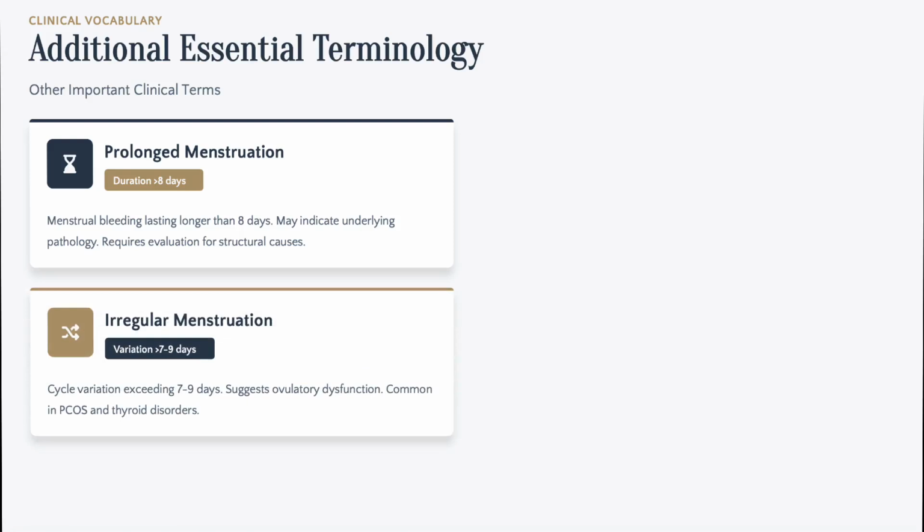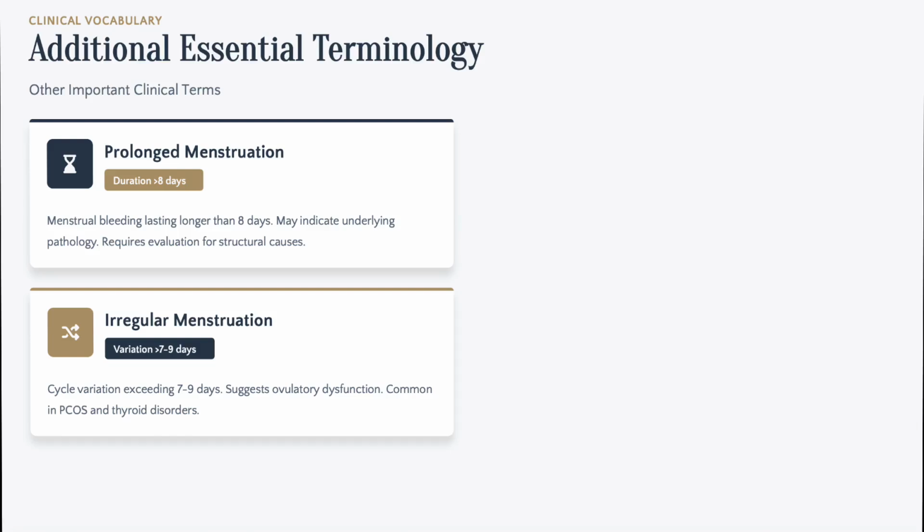There is also what we call irregular menstruation. Irregular menstruation means cycle-to-cycle variation exceeding 7 to 9 days. This suggests an ovulatory dysfunction and is commonly seen in conditions like PCOS or thyroid disease.